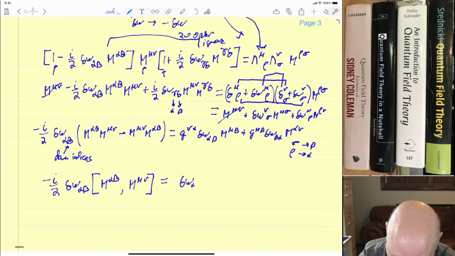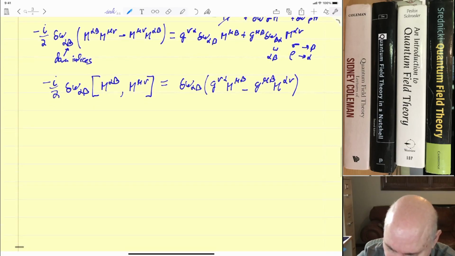Del omega alpha beta times G nu alpha M mu beta minus, because there's a minus sign when that becomes alpha beta, minus G mu beta M alpha nu.